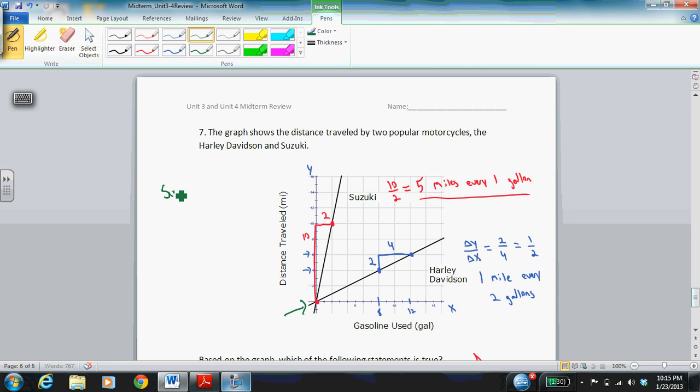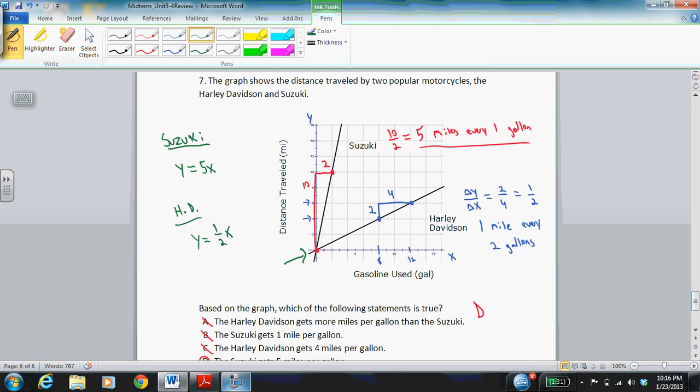So the rule for Suzuki will be y equals 5x plus 0, but we don't need to write the plus 0. For Harley-Davidson, the rule will be y equals 1/2 x. And again, plus 0, but we don't need to write the plus 0. So y equals 5x for Suzuki, and y equals 1/2 x for Harley-Davidson.